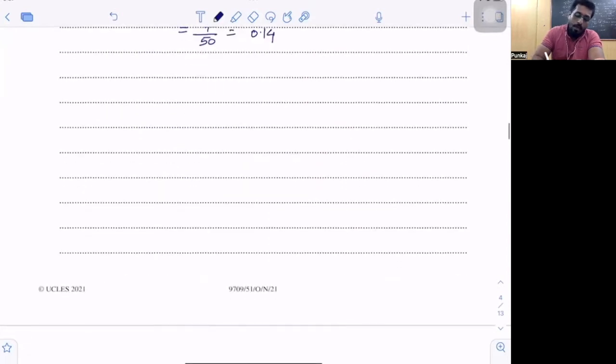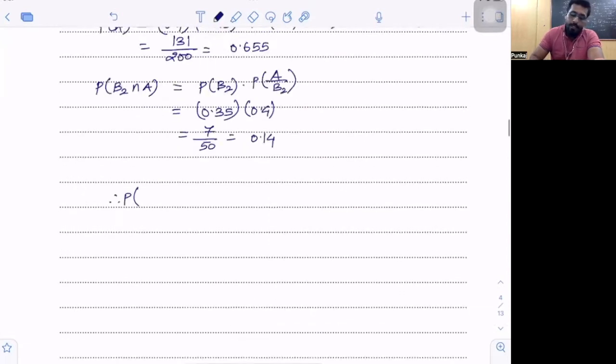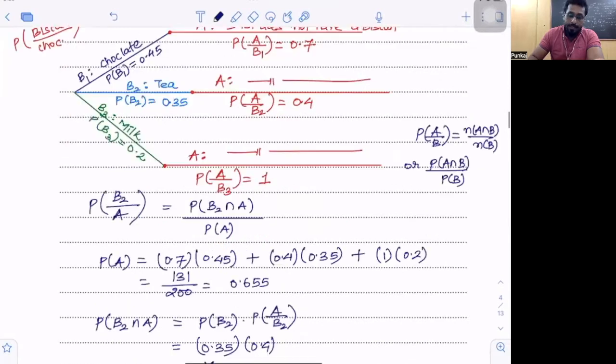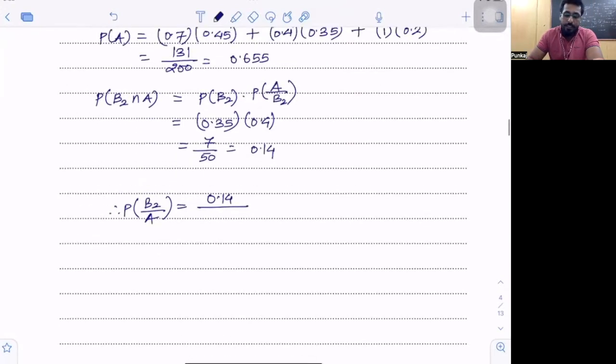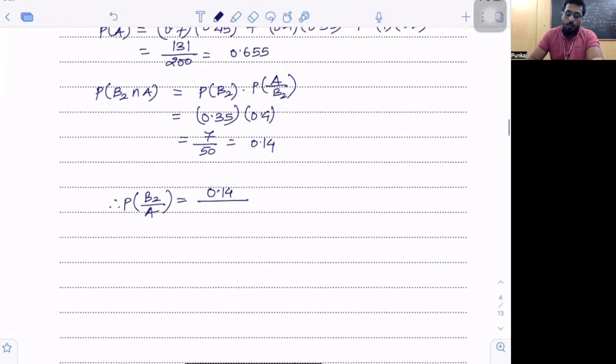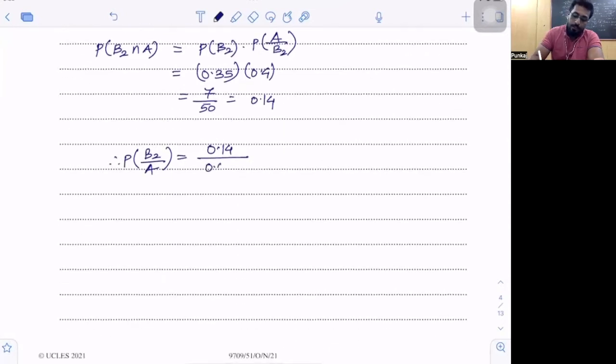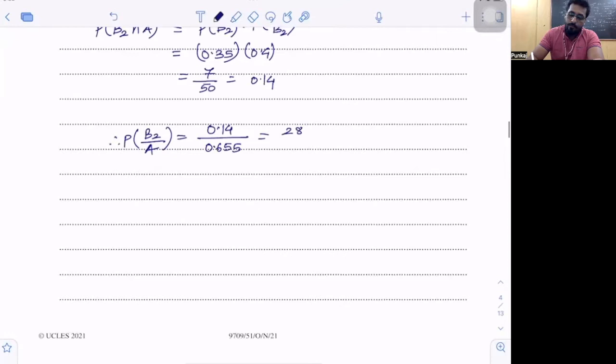0.14. So now I'm in a position to find the probability of B2 under A, right? Probability of B2 under A. So that's going to be 0.14, which is probability of B2 intersection A divided by P of A, which is 0.655. So 0.14 divided by 0.655. The answer has come 28 over 131.